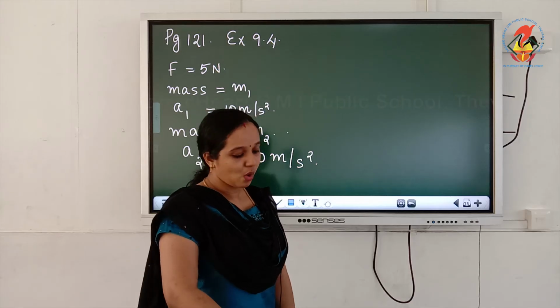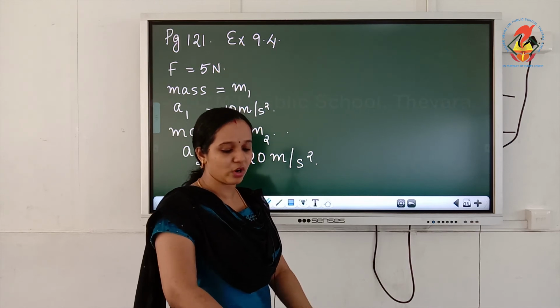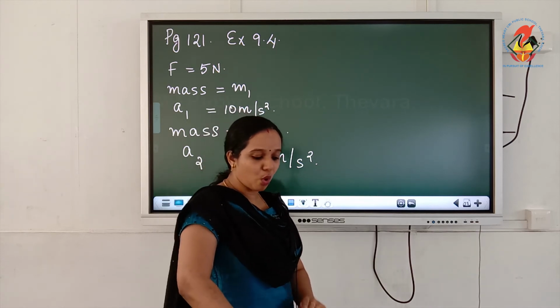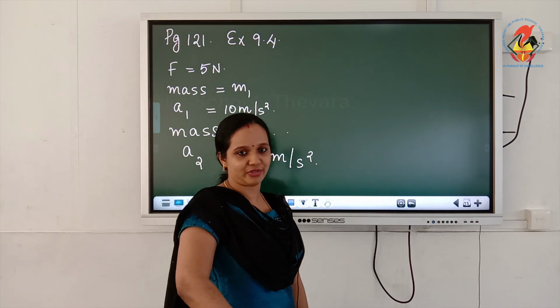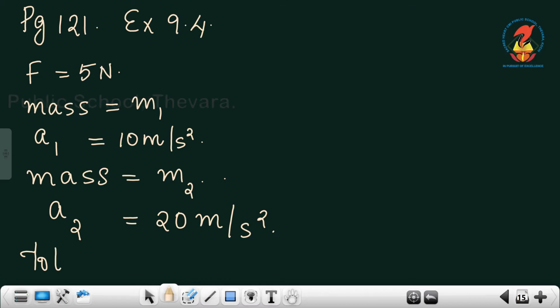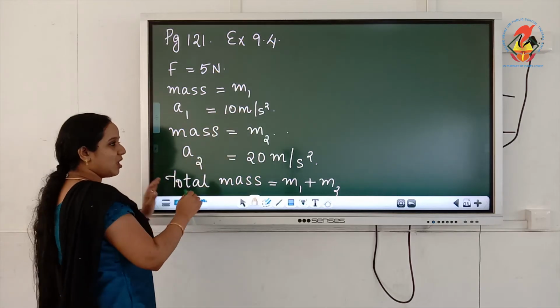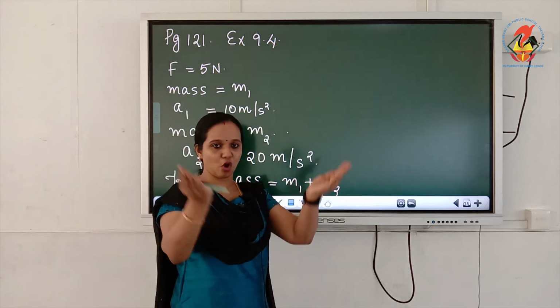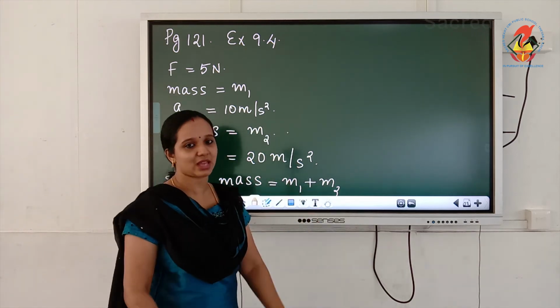The question is, what acceleration would it give if both the masses were tied together? If both the masses are tied together, then the total mass will be m1 plus m2.